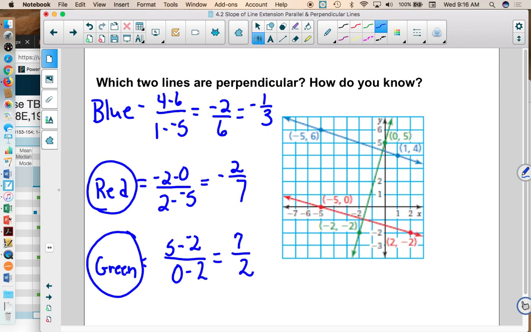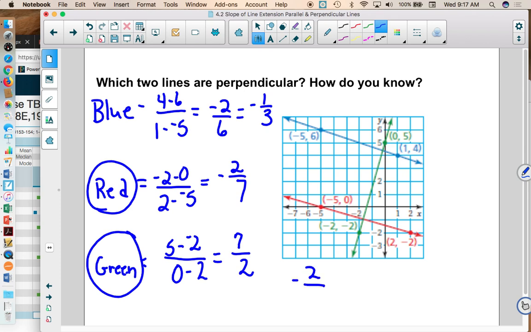Yes? You take 2 over -7, multiply that by 7/2, and that equals -14 over 14.